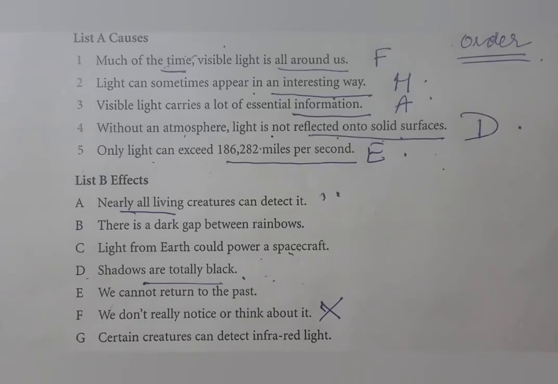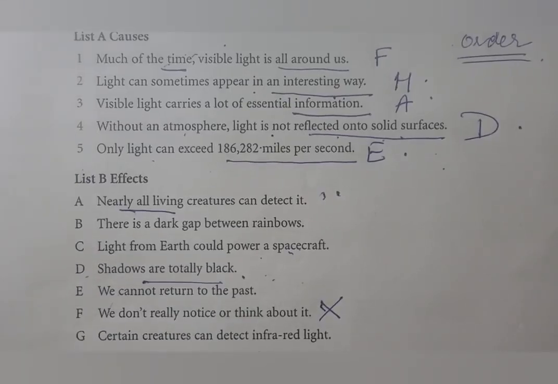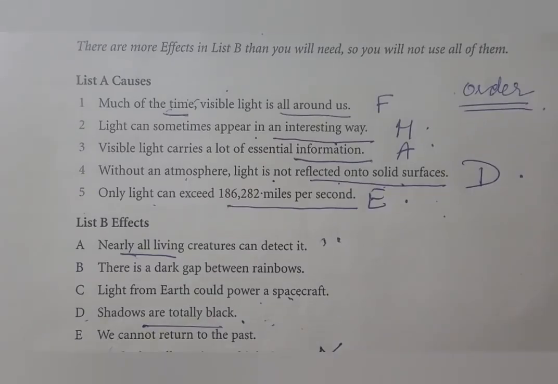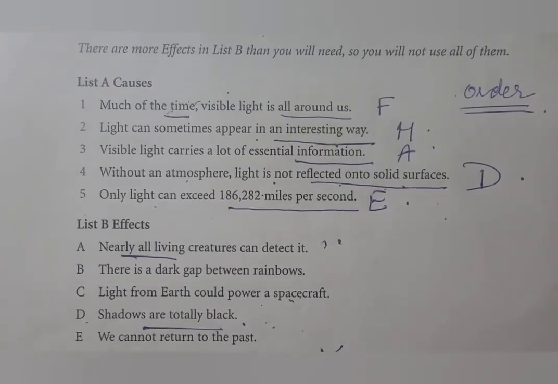So this way we got here by matching only. Interesting, you gave romantic, he has written appreciation there, information matches with information, atmosphere matches with sky, and this also matches. So these are from 1 to 5 and the answers are in front of you, that is F, H, A, D and E. Now let's go to the next section of this page.